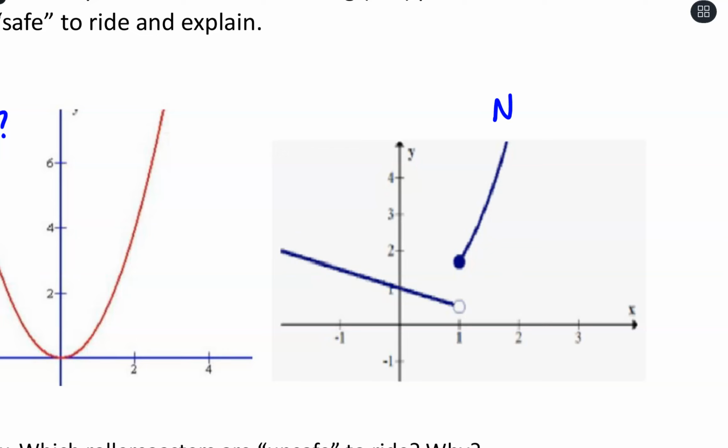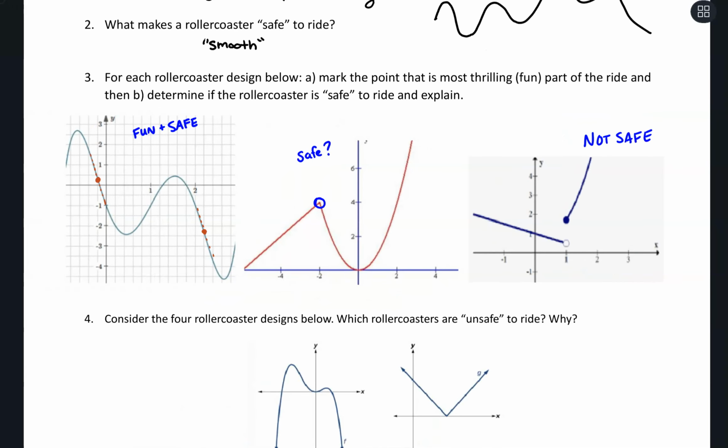Let's go with not fun or safe. Definitely not safe to suddenly levitate to another height. So with these, we want to be careful of sharp edges. We also want to be careful of jumps. What makes for a fun and safe roller coaster is that smoothness with no jumps, no sharp edges.